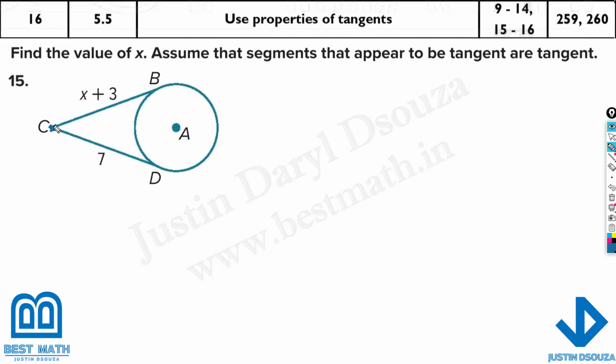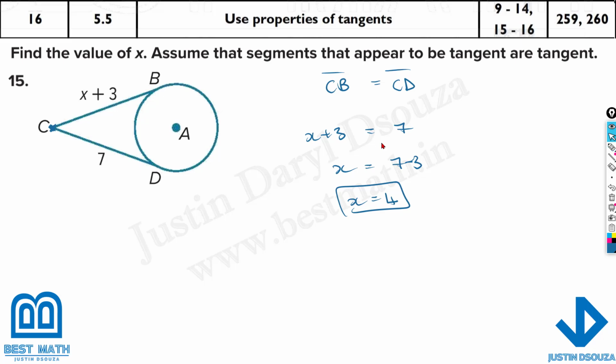The statement is, since the tangents CB and CD have the same exterior point, CB is equal to CD. Now what is CB? X plus 3. That must be equal to 7. So x is 7 minus 3, x is equal to 4. That's it. You don't even need to use a calculator over here.